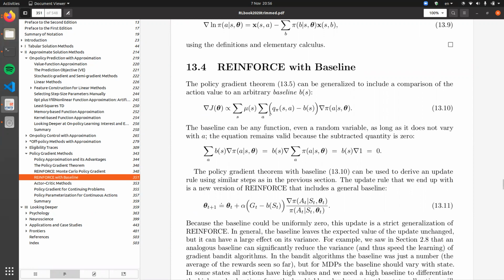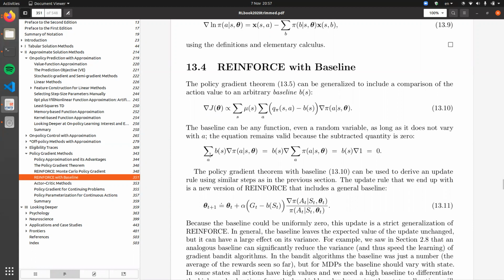Otherwise, it depends on the Q value associated with a particular state. But what we can do is subtract a constant, or any value that does not depend on action, from Q here.